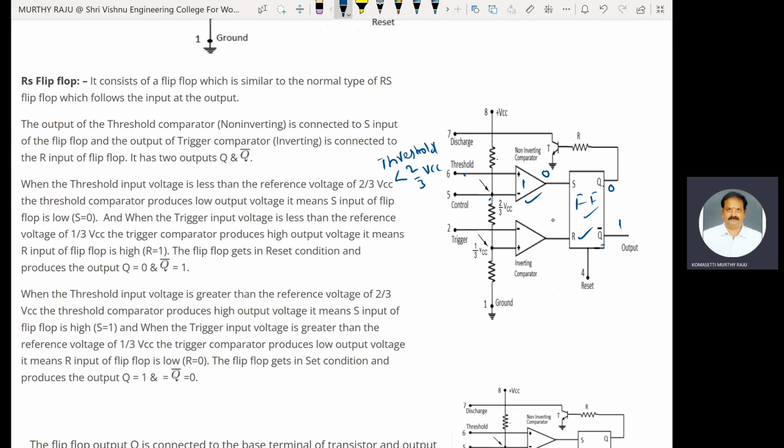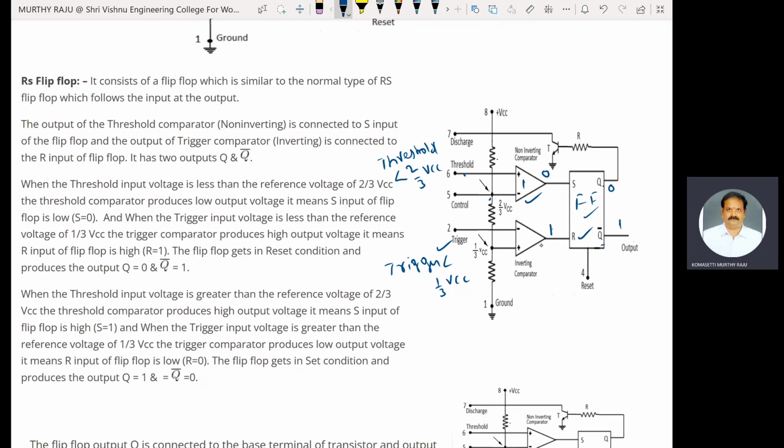Now, when the trigger input is less than 1/3 VCC, the trigger comparator produces high output, because 1/3 VCC is connected to positive and trigger is connected to the negative terminal of the inverting comparator.